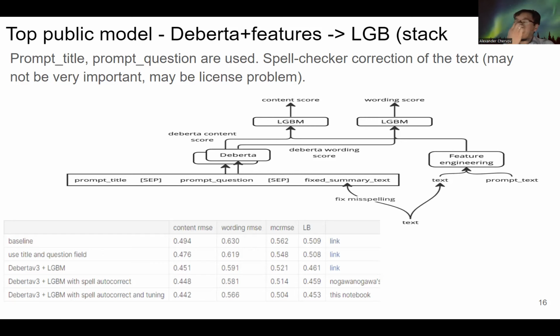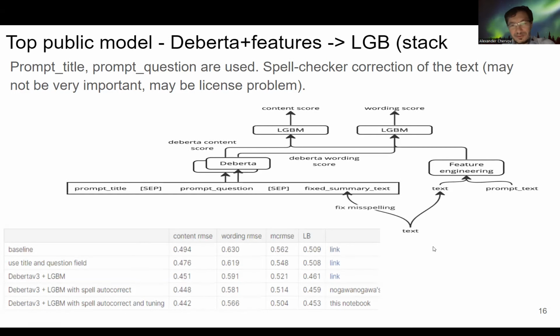There are some discussions on the forum that maybe it doesn't help that much. The main problem is that some of these spell checkers have licenses, and in this competition they are very strict that you can use only something like an MIT license, but not other licenses. So there are lots of discussions on the forum about the licenses for the spell checkers, what you can use and what you cannot use, and so on.